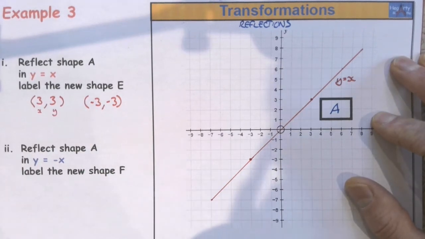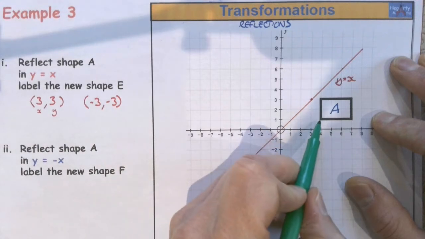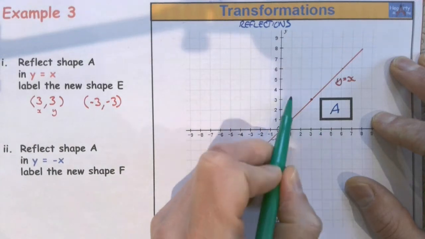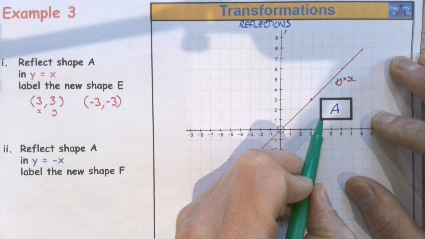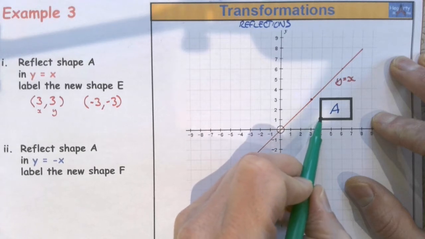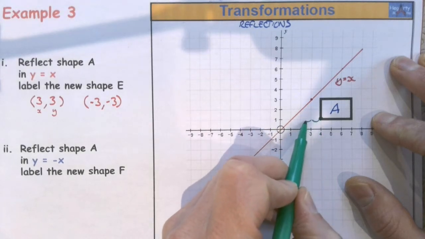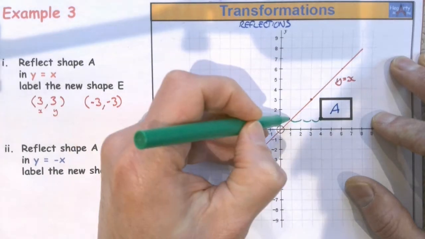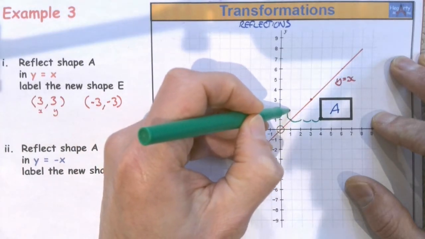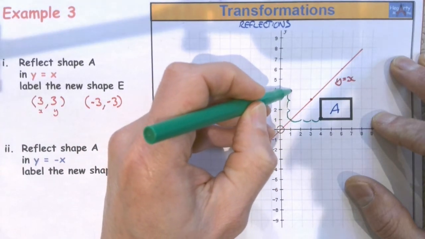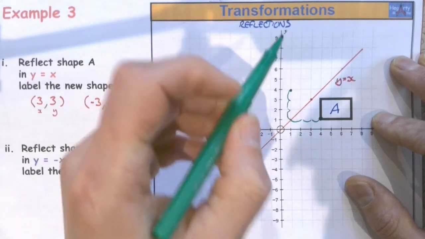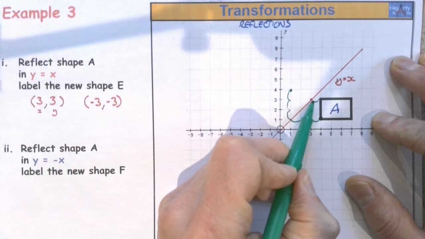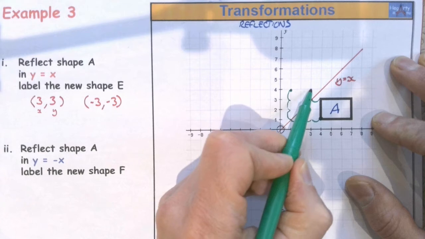Now what I usually find helpful to do here is count in a kind of staircase manner, right? So here we've got the corner point of the shape, so 1, 2, 3. Now I'm going to turn the corner and go 1, 2, 3, alright? And here I'm going to do one step, turn the corner.